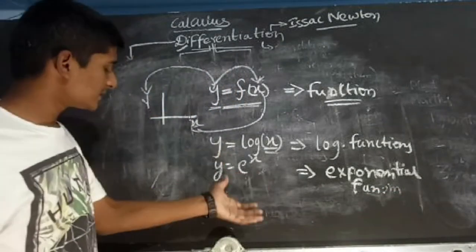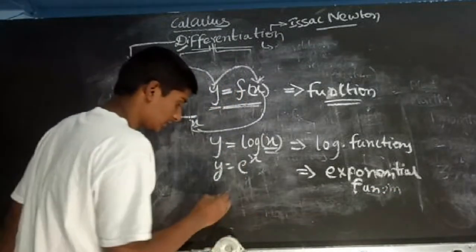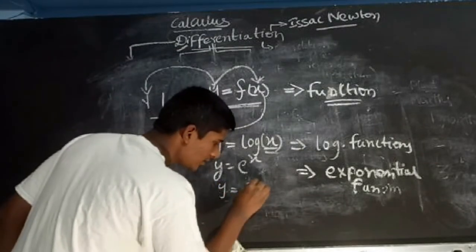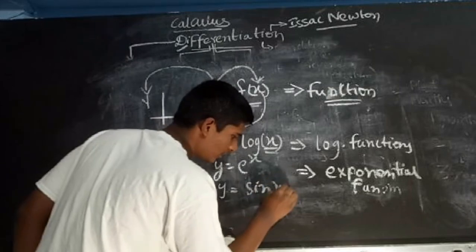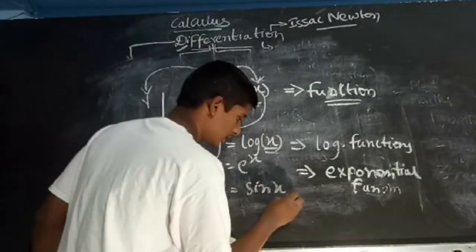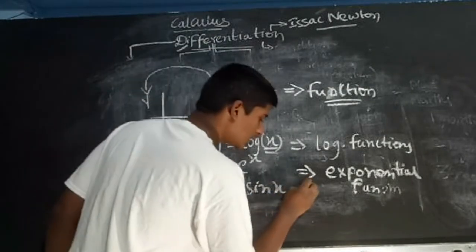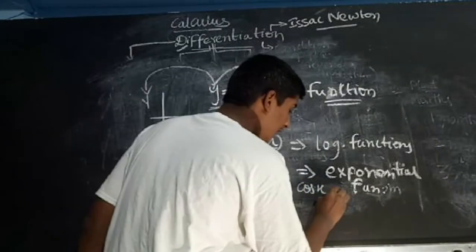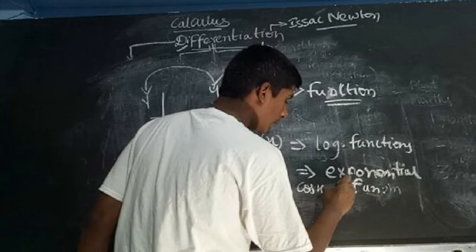Next we have this function. What is that? y is equal to sine of x, or y is equal to cos of x, or y is equal to tan of x.